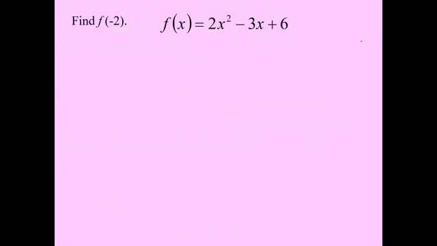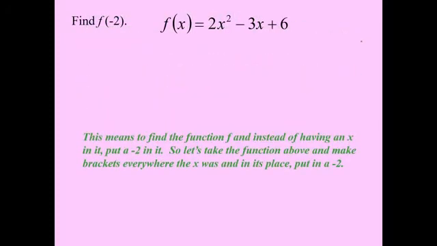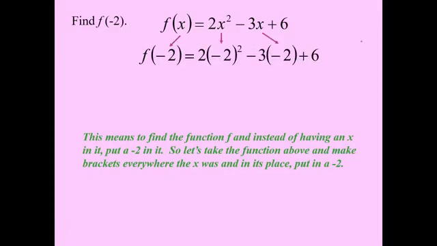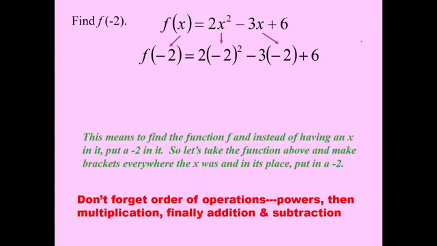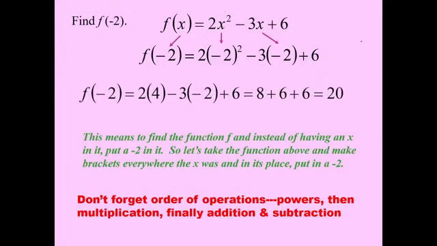Okay? Let's have f of negative 2. And I'm going to be having this function. This means to find the function f, and instead of having x, you substitute. So that becomes that one. And of course, please do not forget order of operations. Exponents first, followed by multiplication, and finally, last is addition and subtraction. So I'm going to have the exponent.